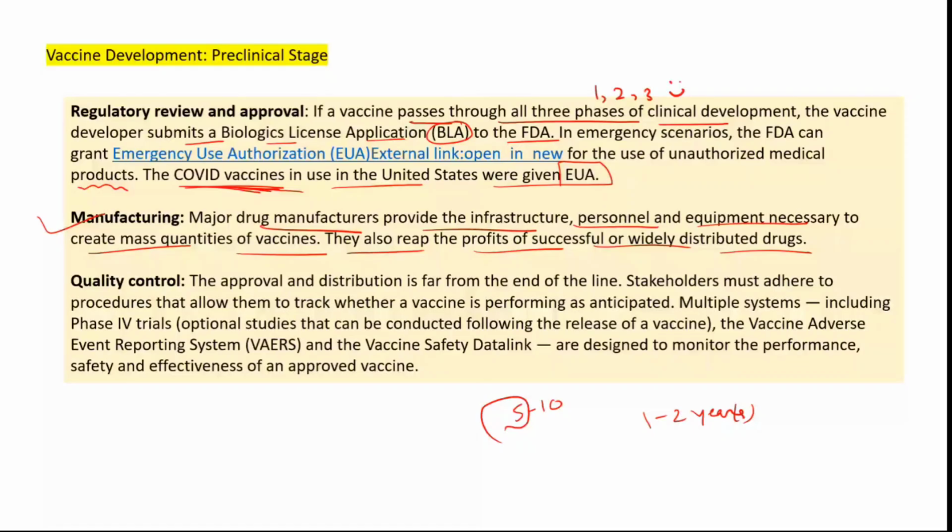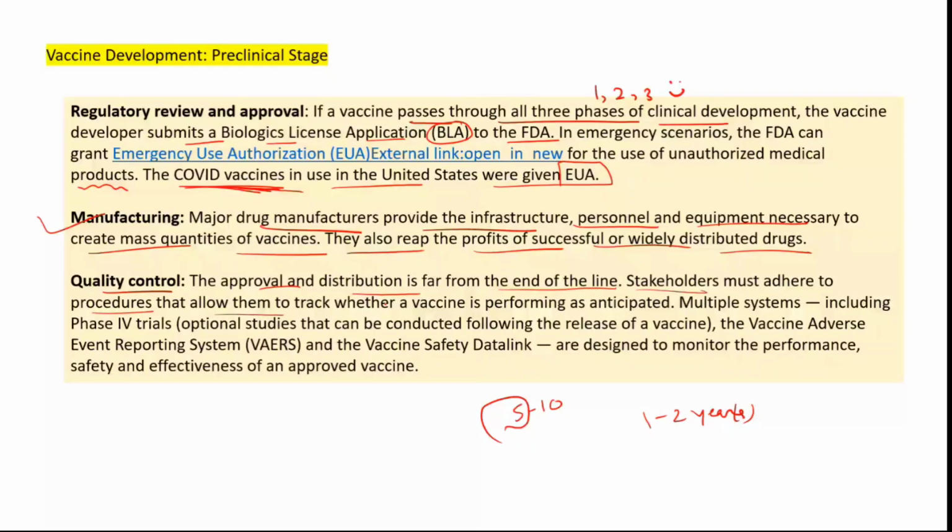And after the synthesis, as I told you, again you have to go for quality control, because you cannot say that your drug is safe at every step. So the approval and distribution is far from the end of the line. Stakeholders must adhere to procedures that allow them to track whether a vaccine is performing as anticipated.